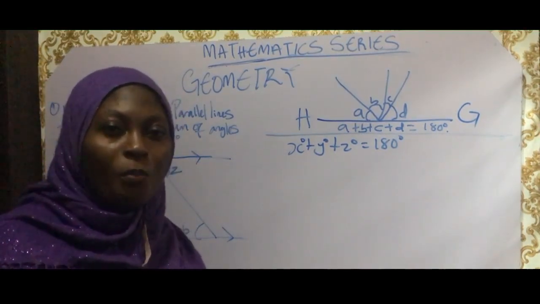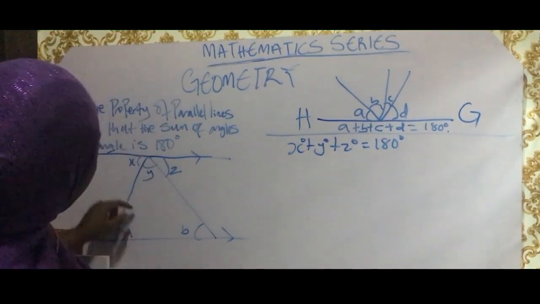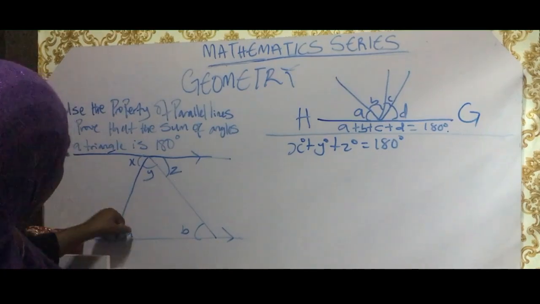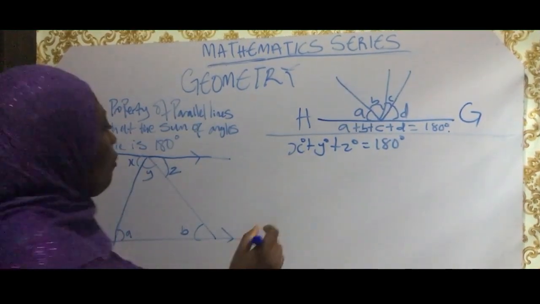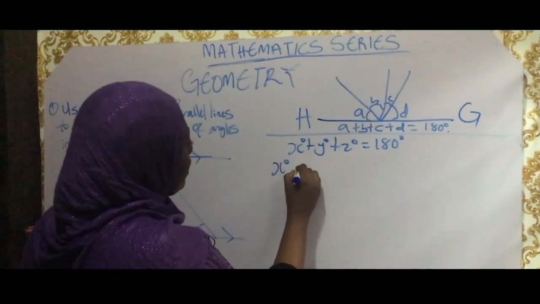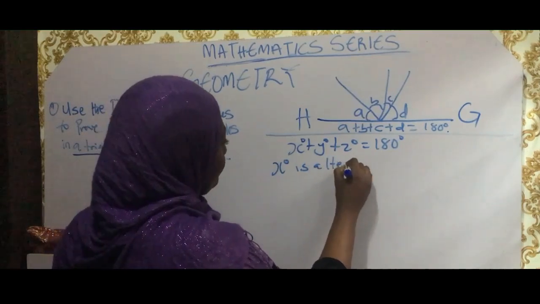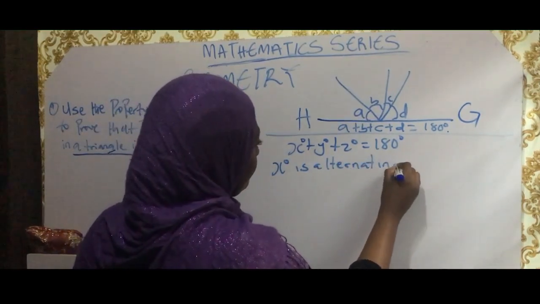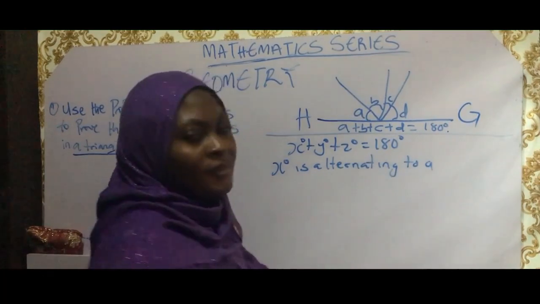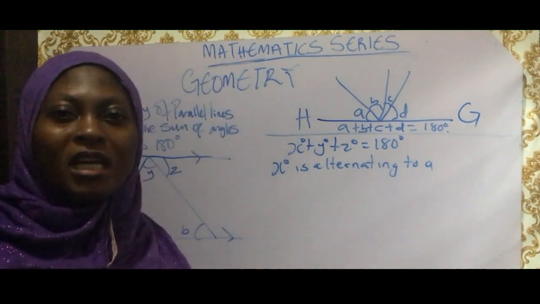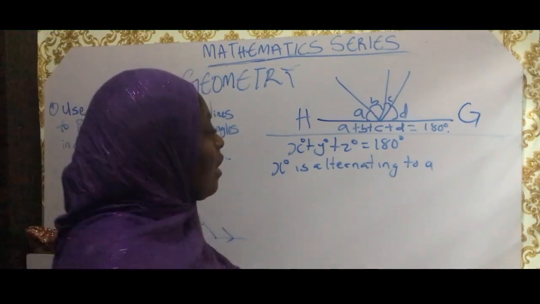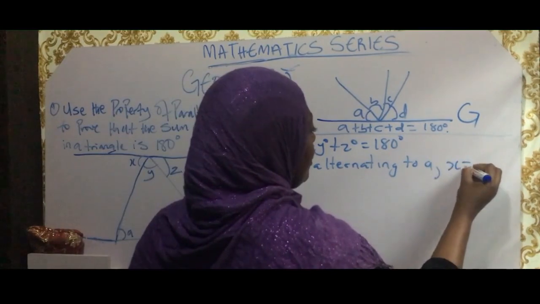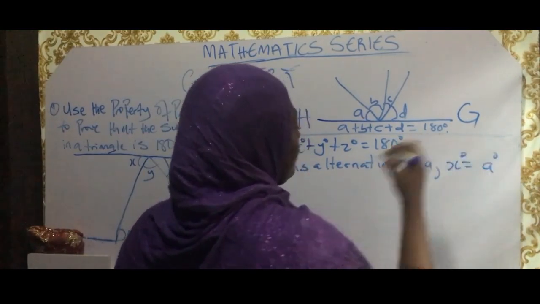And because they are on opposite sides of the transversal, we said X is alternating to A. So angle X is alternating to A. And yesterday we learned that alternating angles are equal to each other. So this means that angle X is equal to angle A.